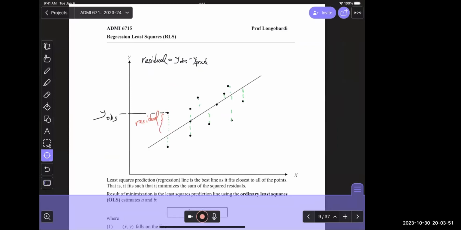And then this one would have been, if it was predicted, it would be here. And this green distance, this is called the residual.